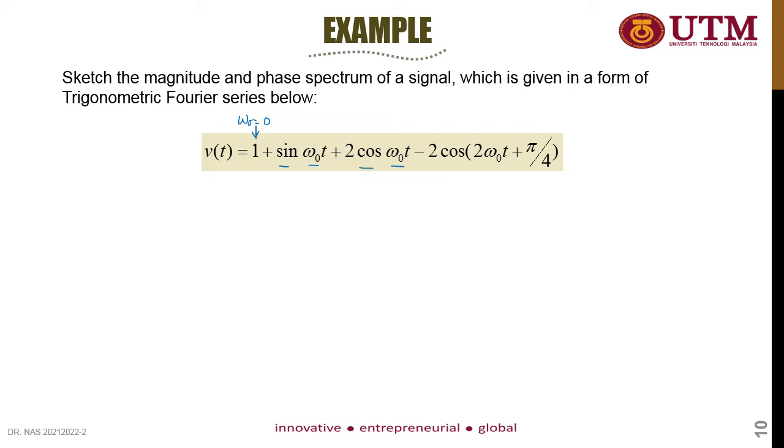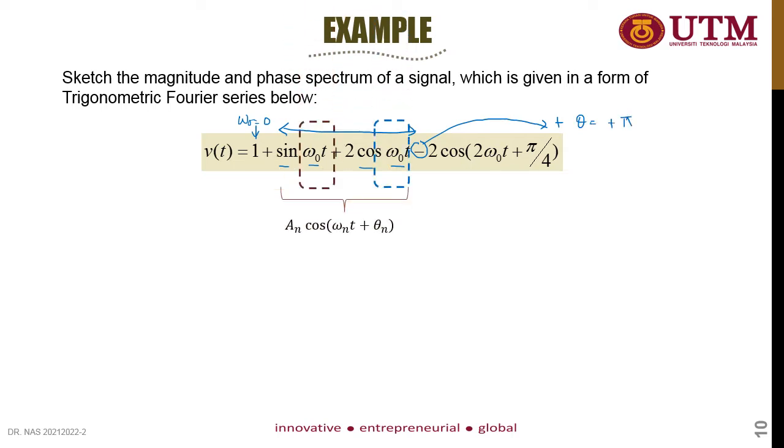So obviously the sine and cos functions share the same frequency, and you need to rewrite this using the equivalent function. For the third component, you have negative cos, so you can convert the negative into positive by having a phase shift of positive pi. Okay, this is the equivalent function. You need to determine cn, omega n, and theta n.